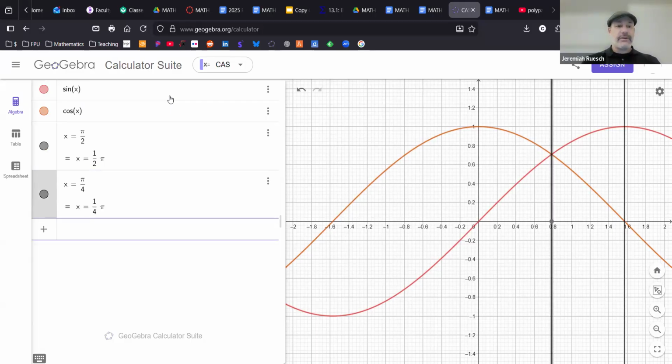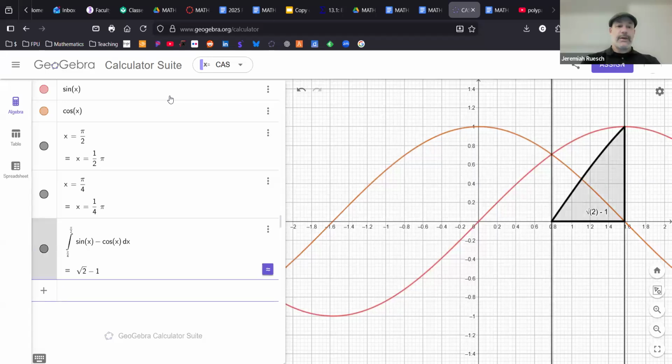Those are the limits of integration. Then I do the integral of sine of x minus cosine of x between pi over 4 and pi over 2. The exact value there is the square root of 2 minus 1. And if I do that approximately, you should see I get 0.4142, which is what we got back in the graphing version.